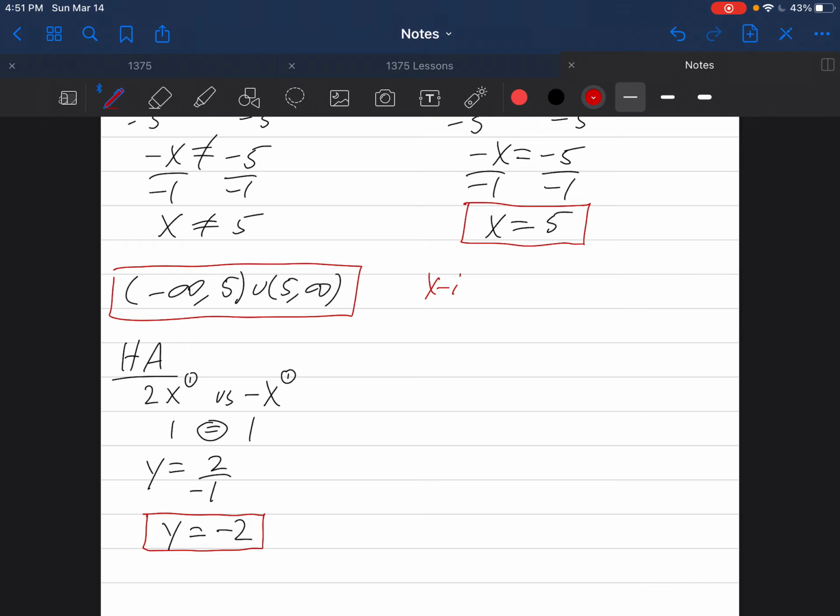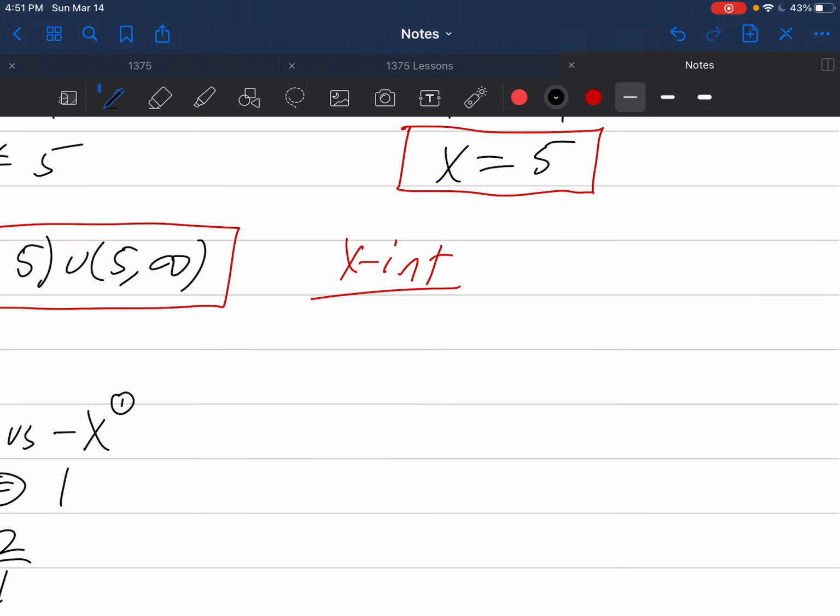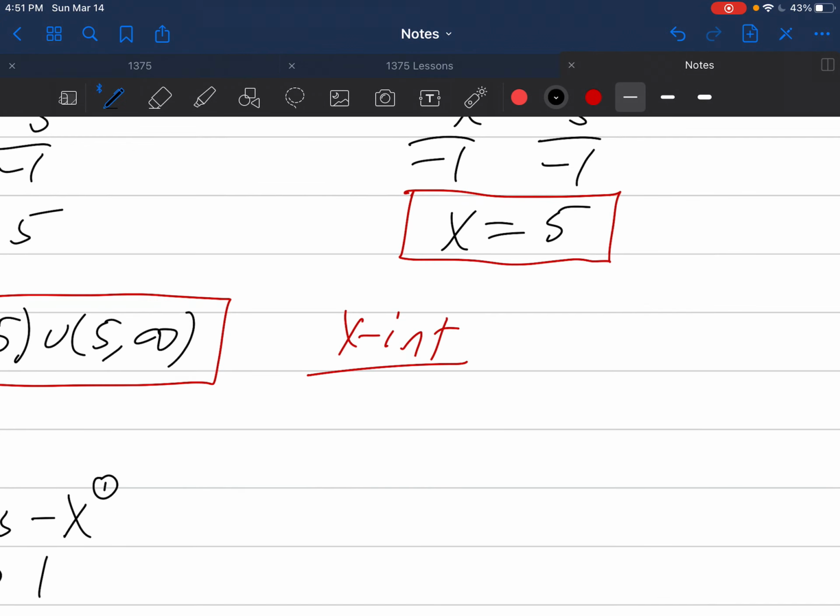So now let's look at the x-intercept. The x-intercept means that we can take 2x plus 15 divided by 5 minus x and set it equal to 0.